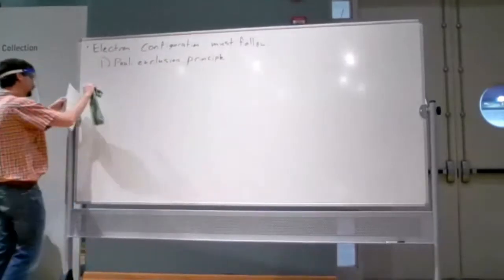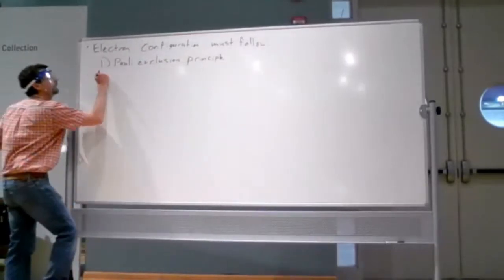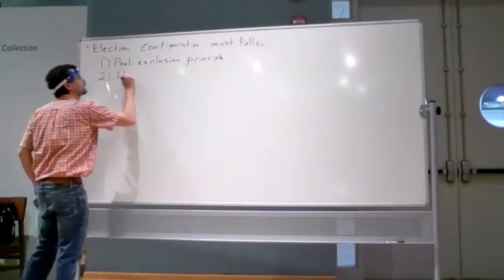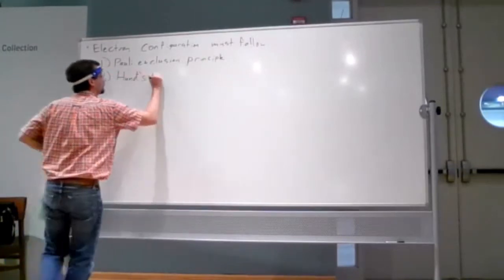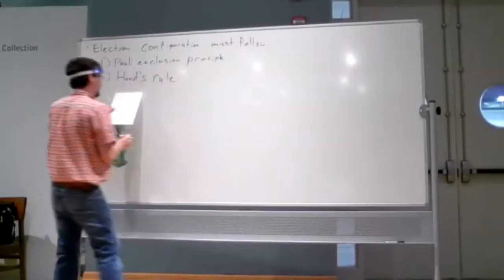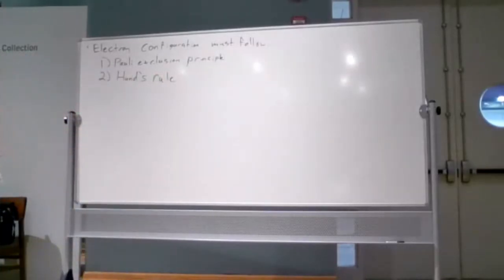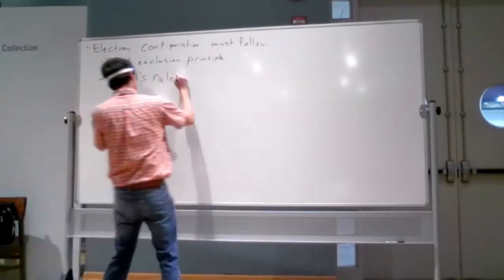So we got the Pauli exclusion principle. Then the other thing is we have Hund's rule. And what that states is that electrons fill lowest in energy first, one electron at a time.